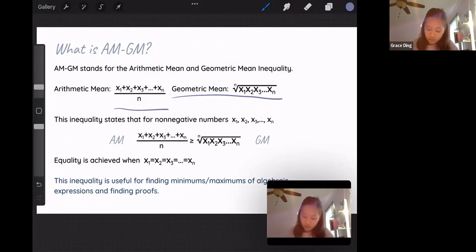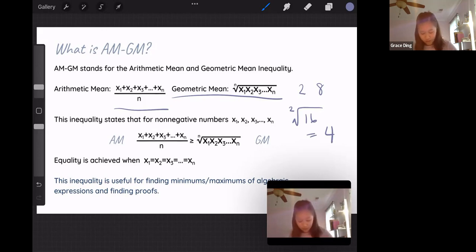So for example, if we wanted to find the geometric mean of 2 and 8, we would multiply both of them to get 16. Since there are two numbers, we would take a square root. So that's 4.